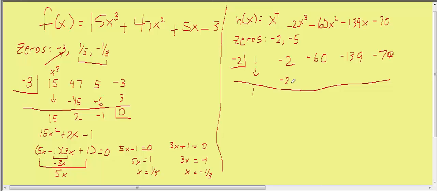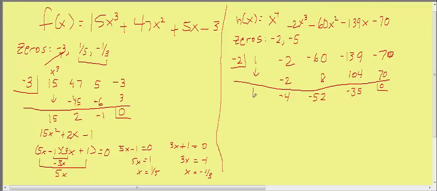I get negative 2 times 1, so that's going to be negative 4. Now I'm going to get negative 2 times negative 4, which will be 8. That's going to give me negative 52. Negative 2 times negative 52 is going to be 104. Add that, and I get negative 35. Negative 2 times negative 35 is 70. So that's going to be 0. Okay, we should expect that.